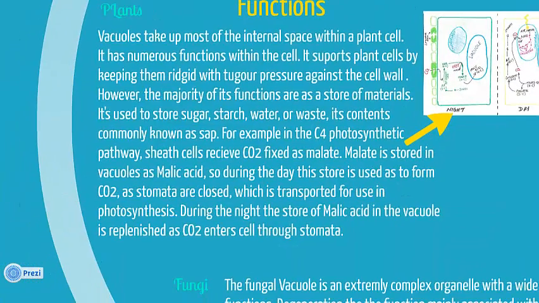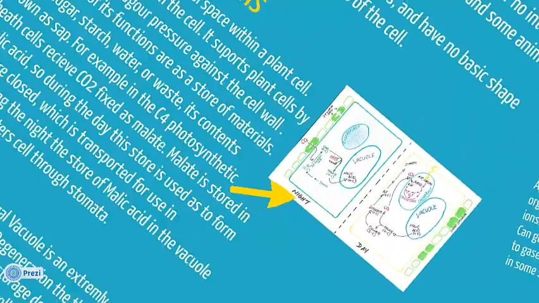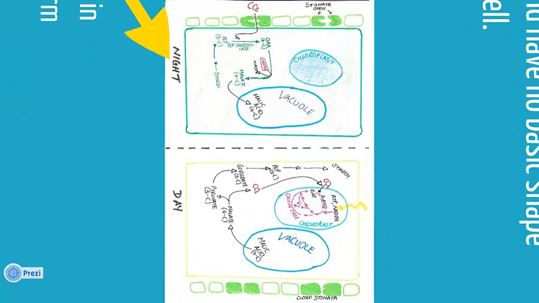Functions. Within plants, vacuoles take up the majority of the internal space, serving a number of functions, including keeping the cell rigid and storing materials such as sap, as you can see in this diagram.